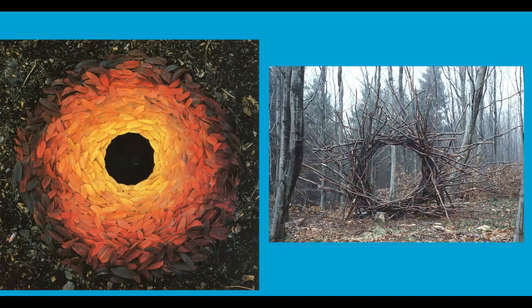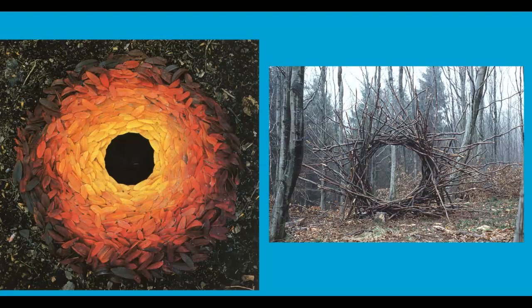Okay, so the image on the left is all different leaves that he took and he actually changed the color of, and that is created actually on the ground. These are rather large, okay? So, he colored them as it went out and made that black area that could possibly be a hole in the ground, okay? But he's creating a sculpture out of materials that he finds outside.